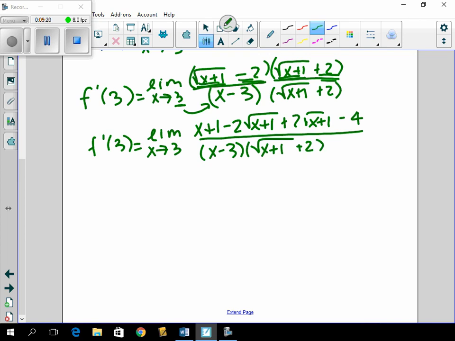Whenever you're trying to rationalize something, you don't want to multiply out the things that don't cancel. So I don't want to multiply those out yet because I want to see what's happening in the numerator first.